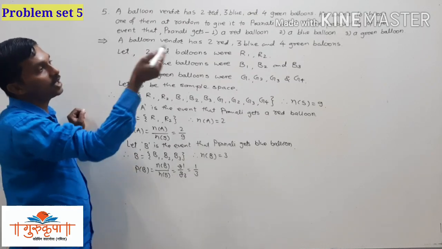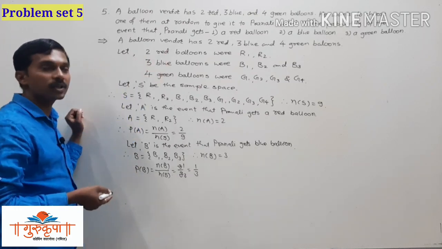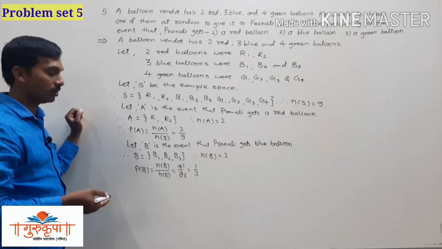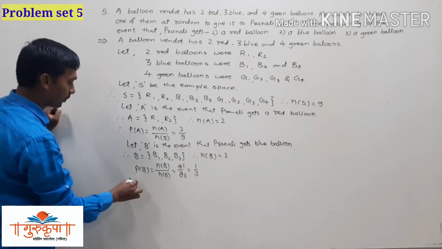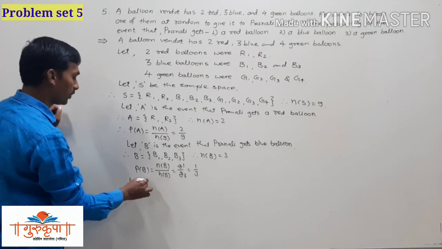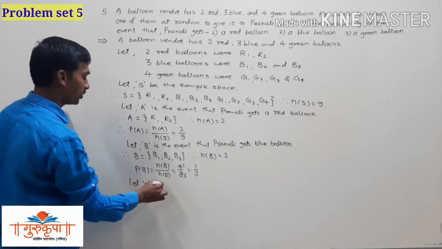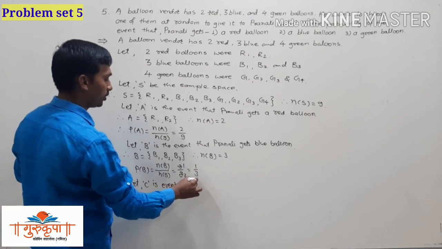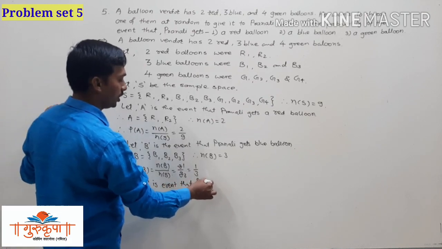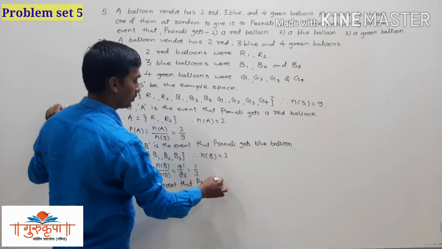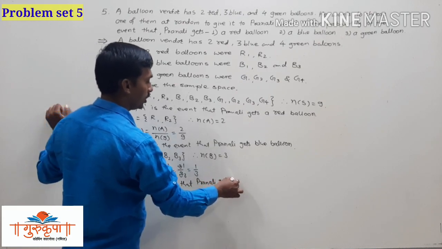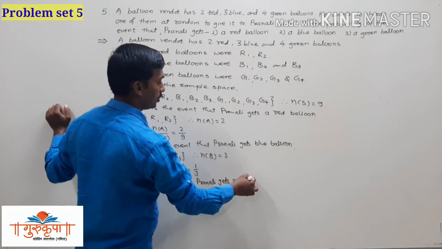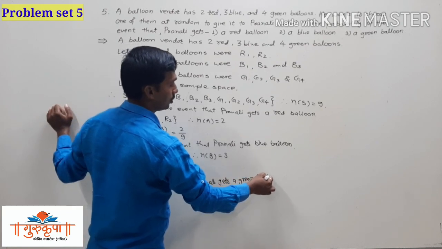And now we have to find the probability of the event that Pranali gets a green balloon. Let C be the event that Pranali gets a green balloon.